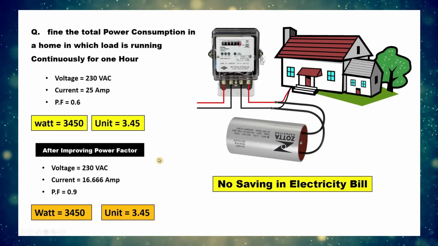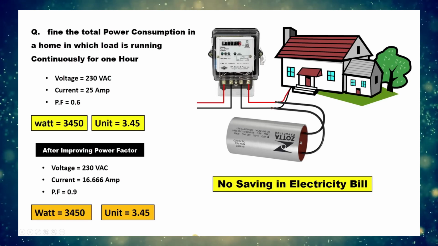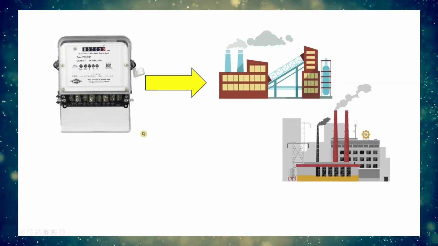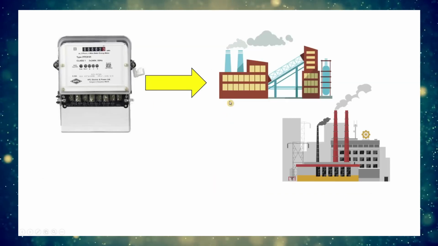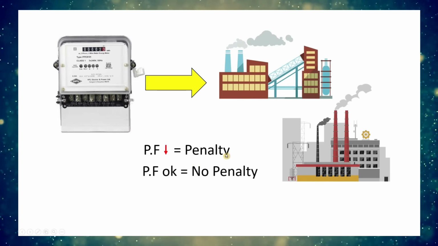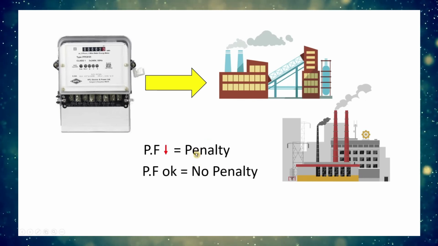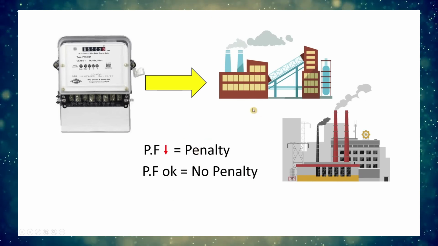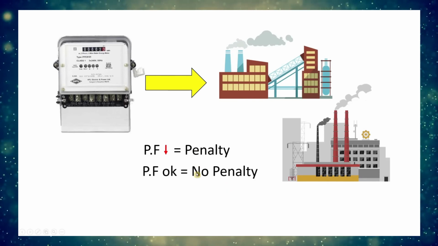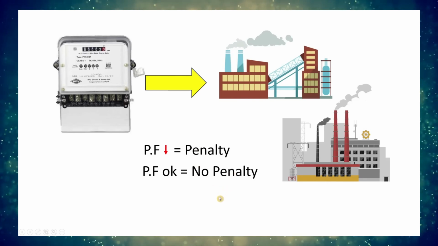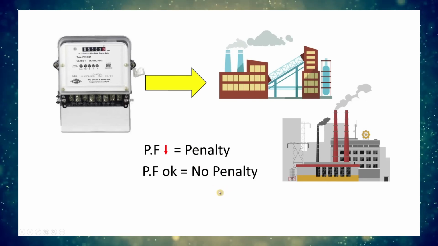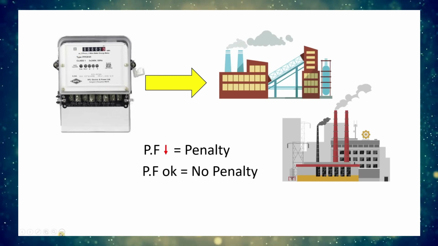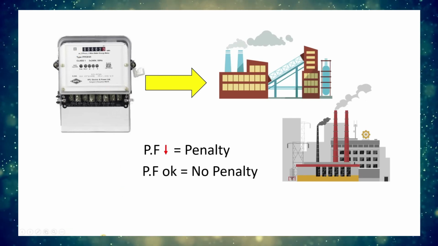After that, when we connected the capacitor, the power factor got improved, but current got reduced. Due to the fall in current rating and improvement in power factor, the power consumption, which was there earlier, is the same even now. It means the electricity bill which was coming earlier will now also be the same even on connecting a capacitor.